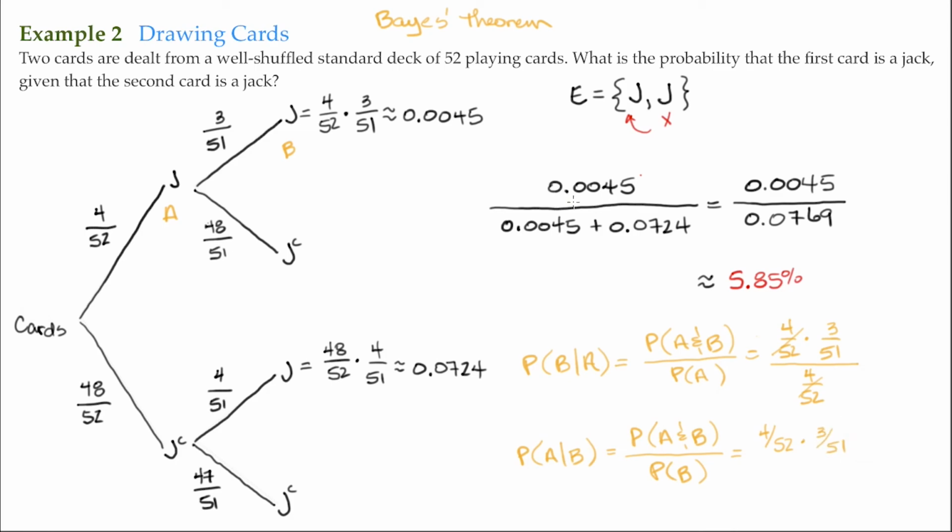Of course, we know that as 0.0045. Divide that by the probability of B occurring. Well, B occurs here, but it also occurs here. So we divide out the 0.0045, which is what we did, and the 0.0724, which is what we did. We just know it as 0.0769. But there we go.